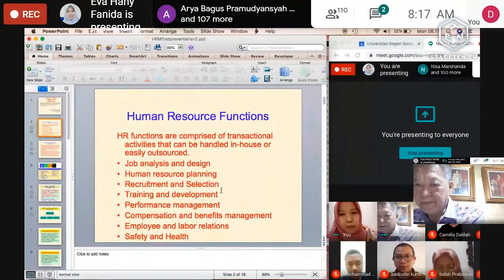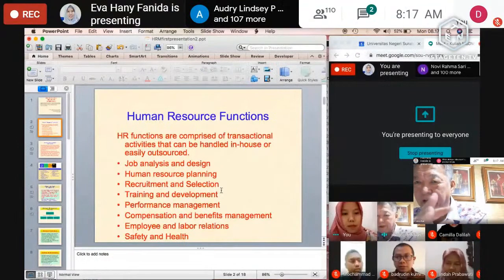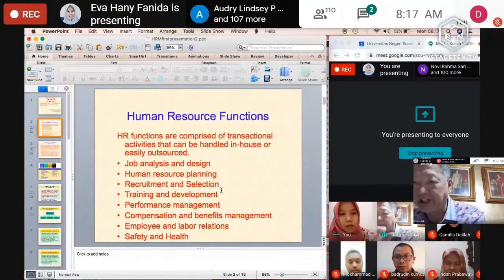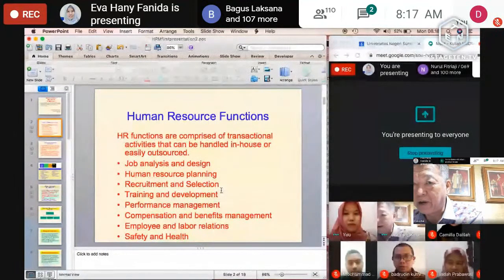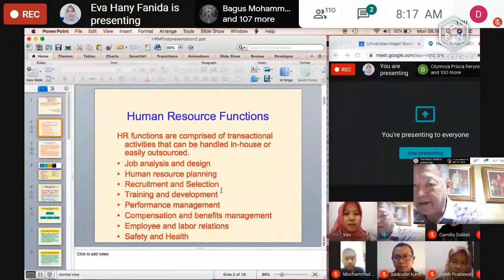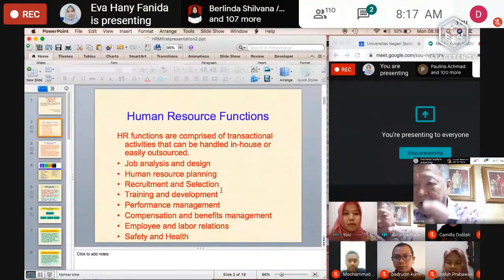Okay, because we are going to talk about the functions next week in more detail about the HR functions. I understand these two words, recruitment and selection, have some differences.